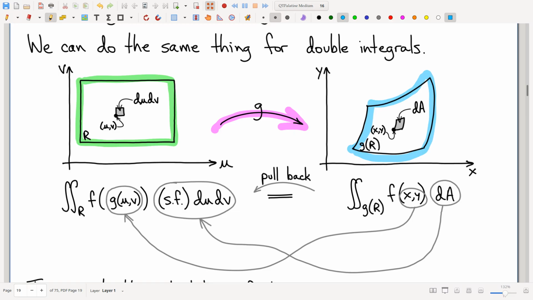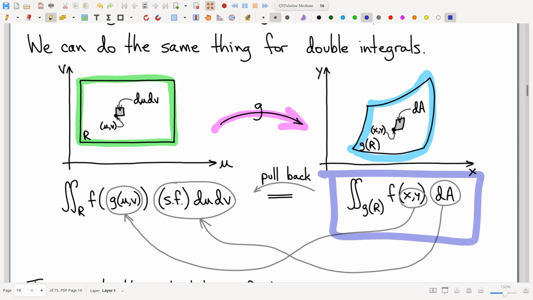I don't know. I've deliberately drawn it weird and ugly and undesirable because it might be, right? Even if you start with a nice pretty rectangle, this g could be a weird function, and so you might end up with something ugly over here. Cool, no problem. We can still talk about pullbacks.